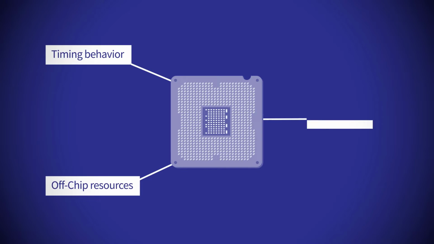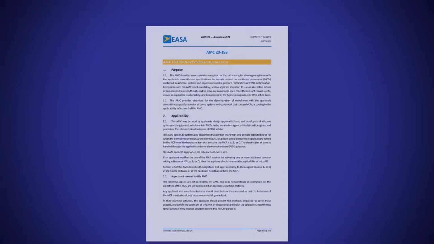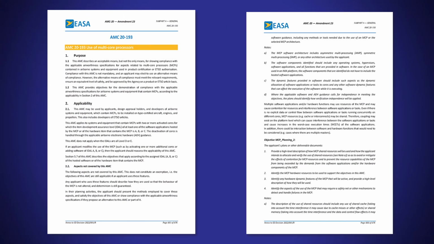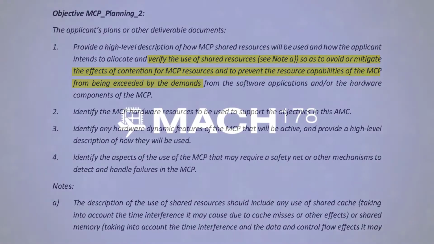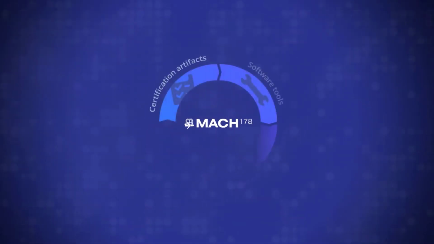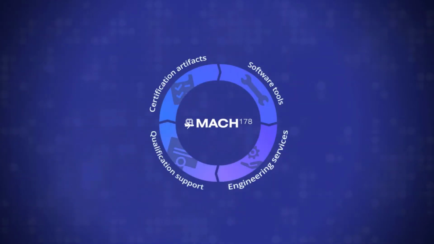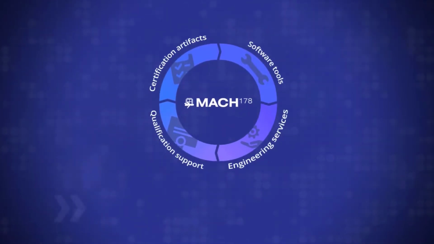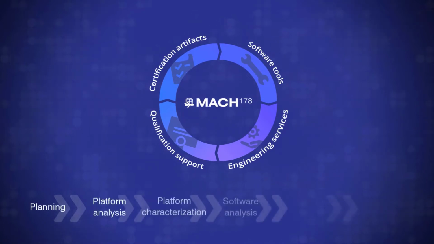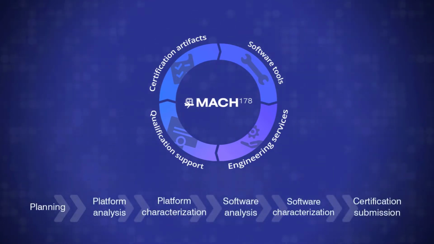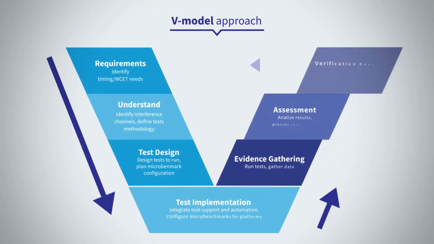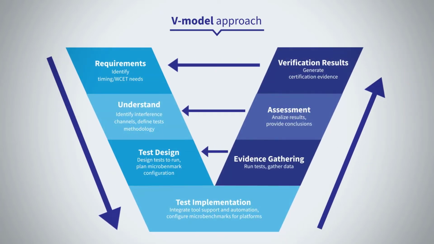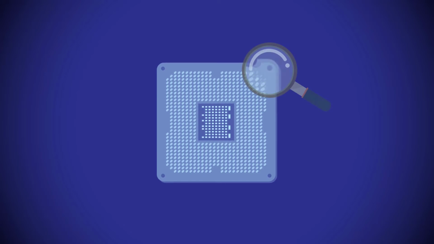Verification that multi-core interference channels have been mitigated is an essential step in meeting AMC 2193 objectives. Rapita have developed their MAC 178 solution to help meet those objectives via a combination of advanced tooling and engineering services. The Rapita approach to multi-core timing analysis uses two phases within a test methodology for measuring multi-core interference channels.